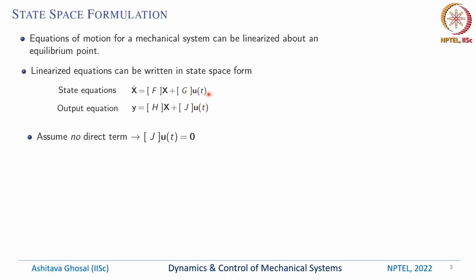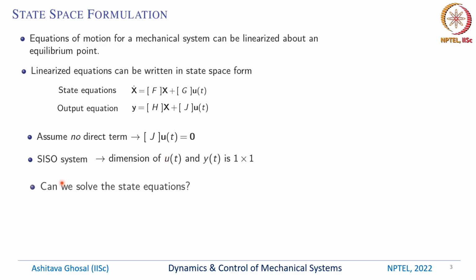So u of t here means that the input u is a function of time. x dot is d by dt of the state variable x, and y here is the output variable. For a single input single output system, the dimension of u(t) and y(t) is 1 cross 1. So that's what single input single output implies.